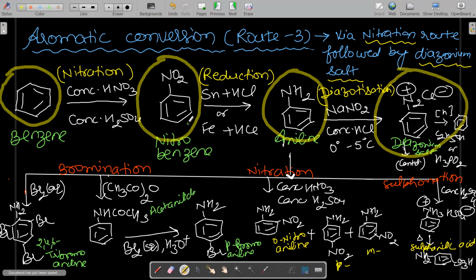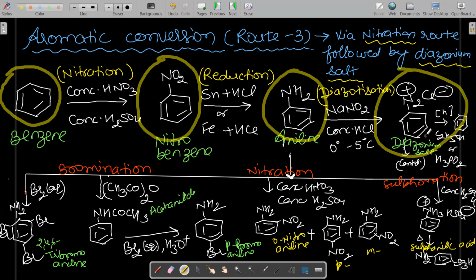So whenever it is nitro to diazonium salt, first nitrobenzene will be reduced into aniline. And when we get aniline, then the most important reaction, formation of diazonium salt using NaNO2, conc. HCl, 0 to 5 degree Celsius. And this reaction is called diazotization.